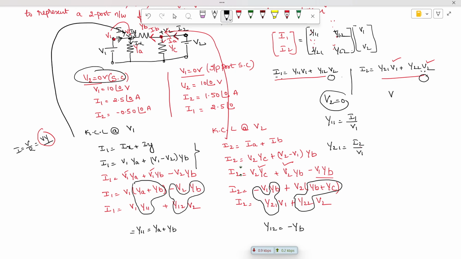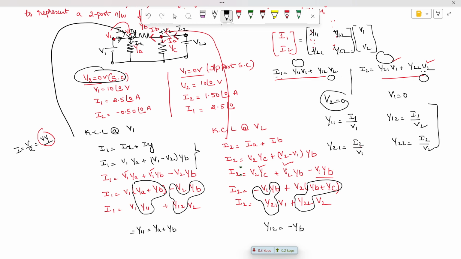Next, V1 is equal to 0. When you make V1 is equal to 0, this term is 0, this term is 0, then you are going to have Y12 is equal to I1 by V2, and Y22 is equal to I2 by V2.